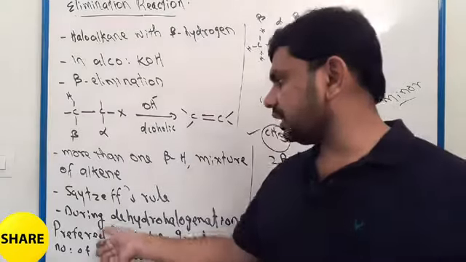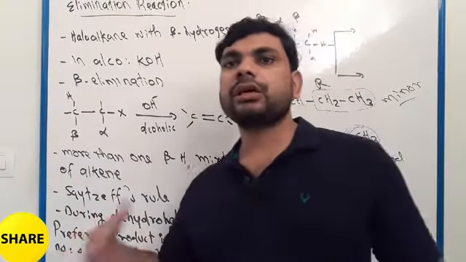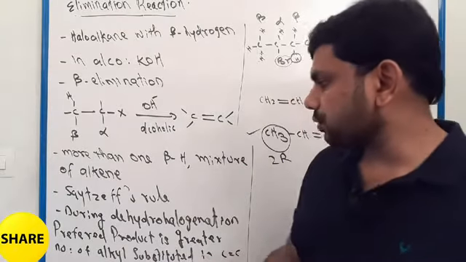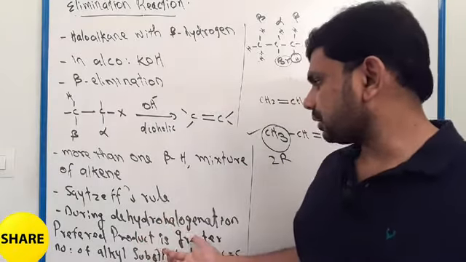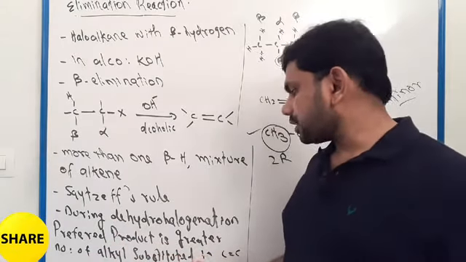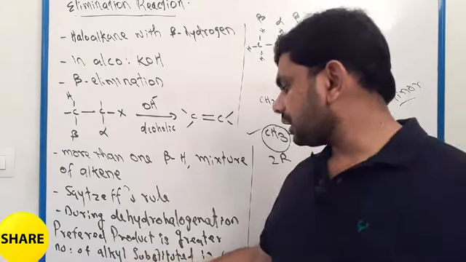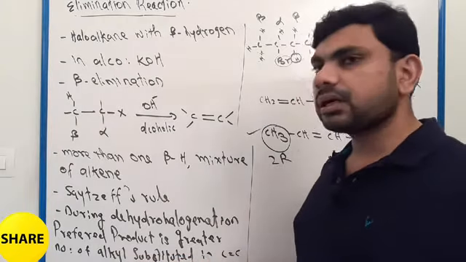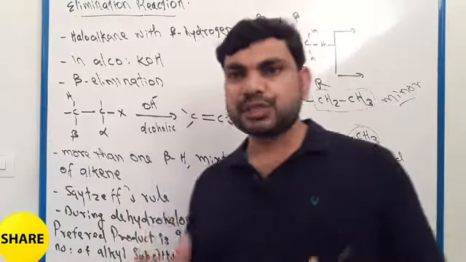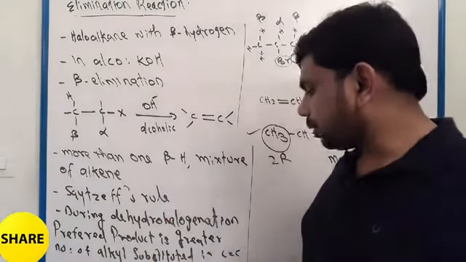Dehydrohalogenation, this DE, it represents elimination, removal. During dehydrohalogenation, the preferred product is the alkene with a greater number of alkyl groups substituted to the carbon-carbon double bond.